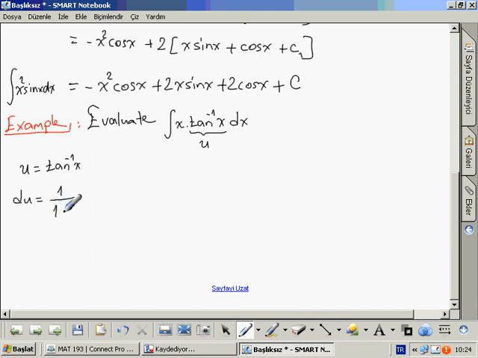1 over 1 plus x squared dx, and dv equals x dx, so v equals x squared over 2, right?